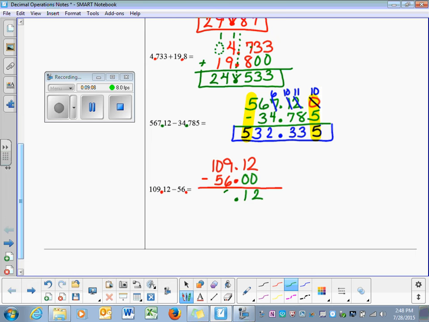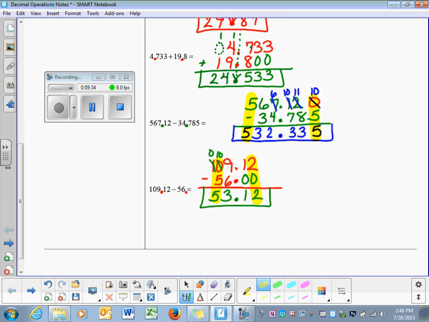9 minus 6 is 3. 0 minus 5. I have to borrow. 10 minus 5 is 5, and nothing minus nothing is nothing. So 53 and 12/100ths. Again, making the point, 0 minus 5 and 2 minus 0, completely different ideas.